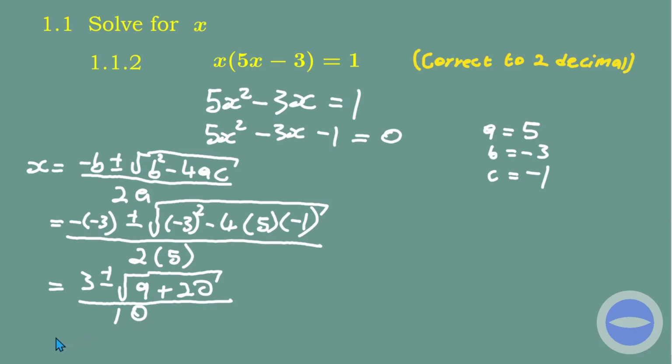So to simplify further, x equals 3 plus or minus the square root of 29, because 29 is 9 plus 20, and then over 10.